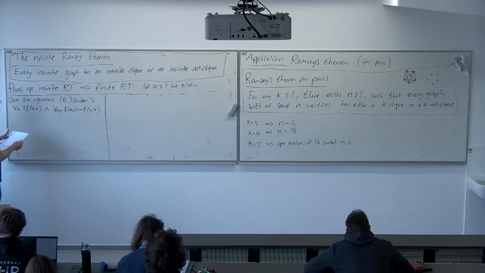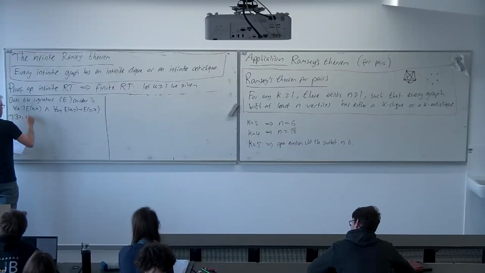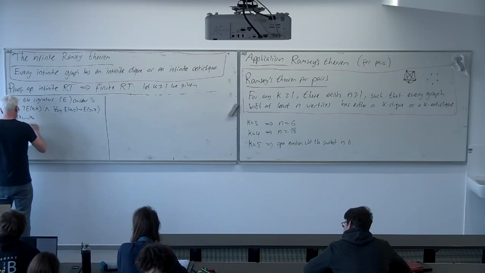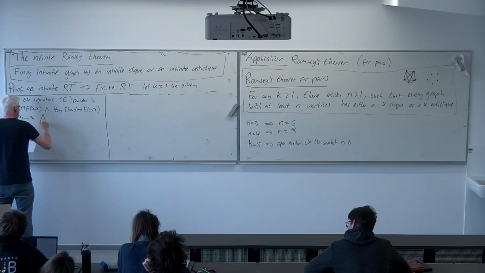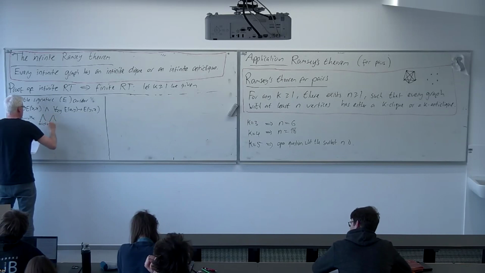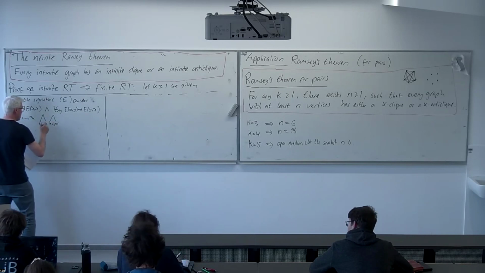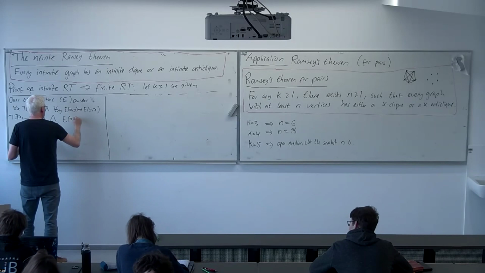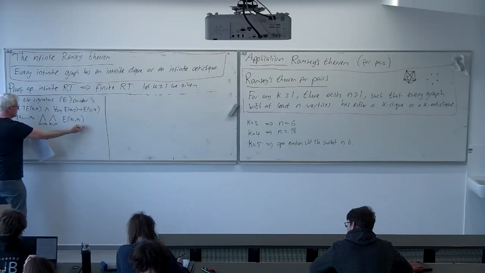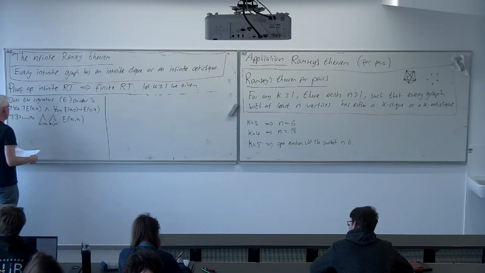So we want a sentence that says there is no k clique, so we can say that by it's not true that there exists x1 to xk such that x1 to xk is a clique, so that means the conjunction over i from 1 to k and over j strictly greater than i and less than or equal to k. Okay, so if this conjunction is true, x1 to xk form a clique. So it's not true that there exists some elements that form a clique.